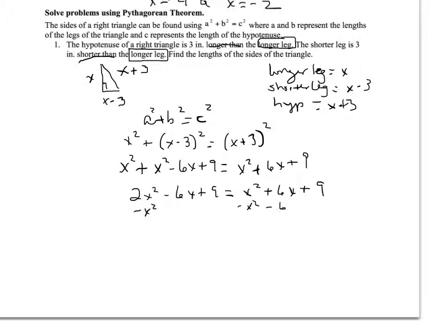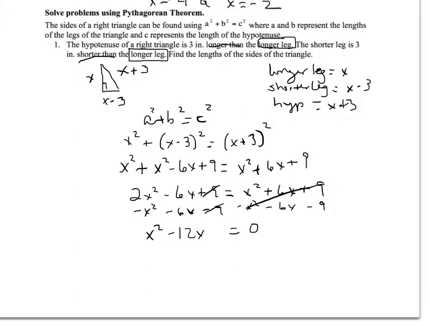I will subtract 6x from each side, and I will subtract 9. When that happens, obviously everything has canceled on the right, and on the left, 2x squared minus x squared is just x squared. A negative 6x minus 6x is minus 12x, and look what happened to our 9s. 9 minus 9 cancels out, and I have x squared minus 12x equals 0.